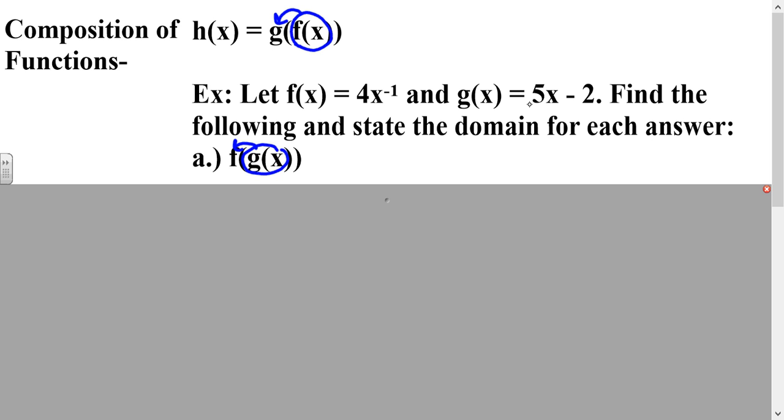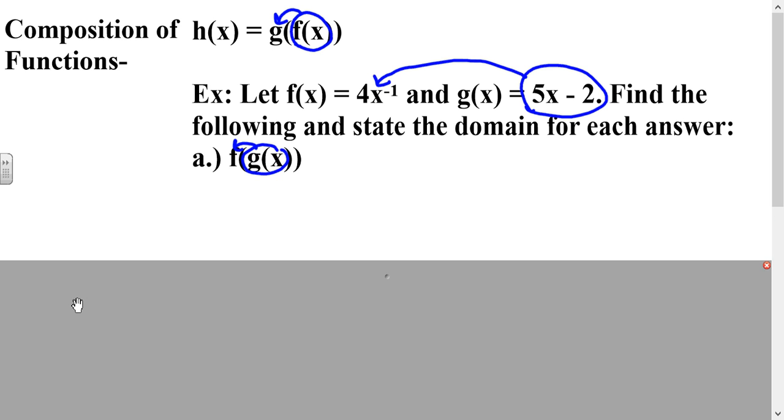So this means I'm taking 5x minus 2 and I'm plugging it in for x into the f function. So that means that I would get 4 times, and then in place of x I would put 5x minus 2, and then I have all of that to the negative first power.